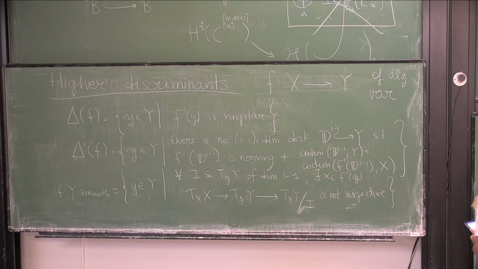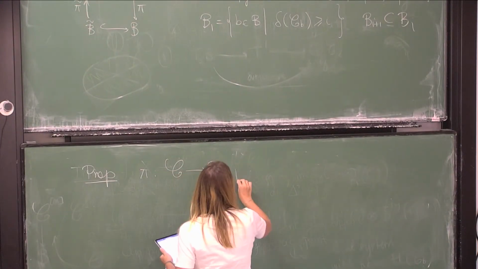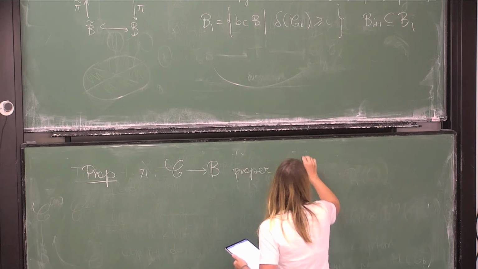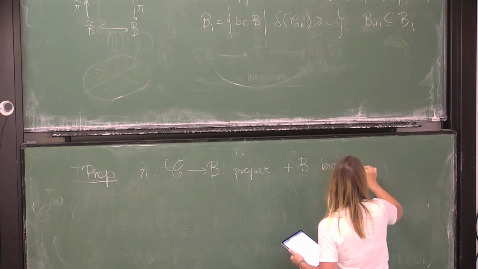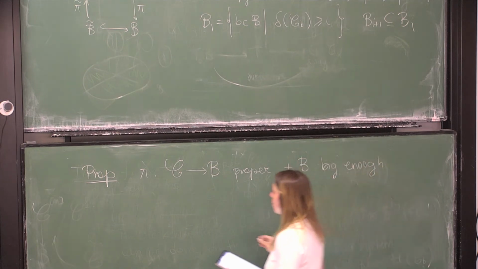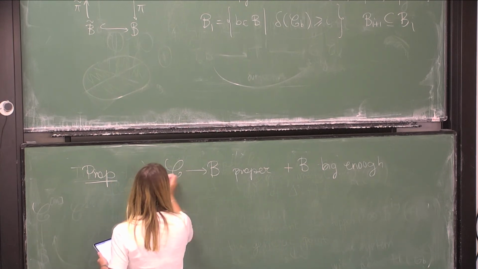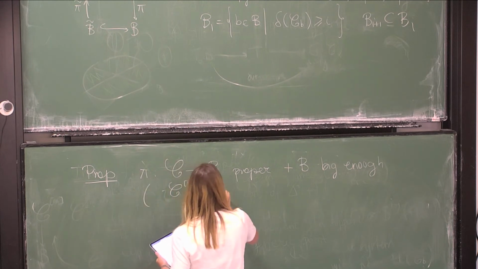So, proposition. We have our family, which is proper, with B big enough. And remember that this implies that the relative Hilbert schemes and the relative nested Hilbert schemes are smooth.